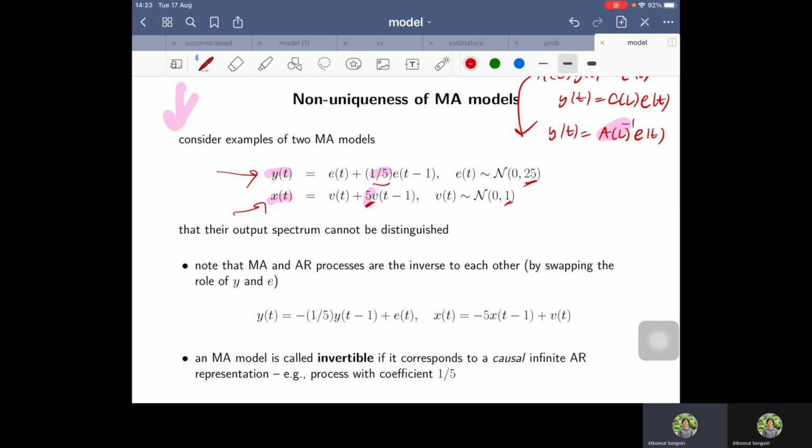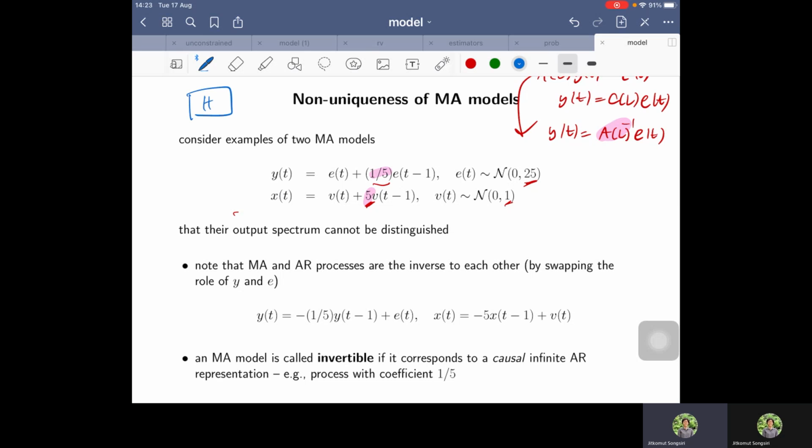So let me recall the result for the spectrum of a stationary process. Please recall the video that reviews stochastic processes.